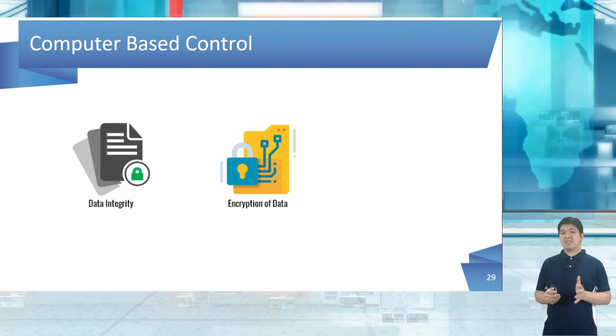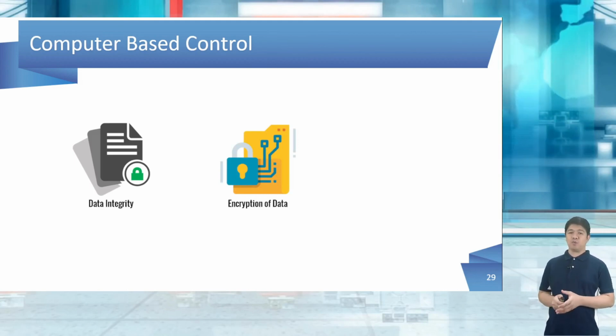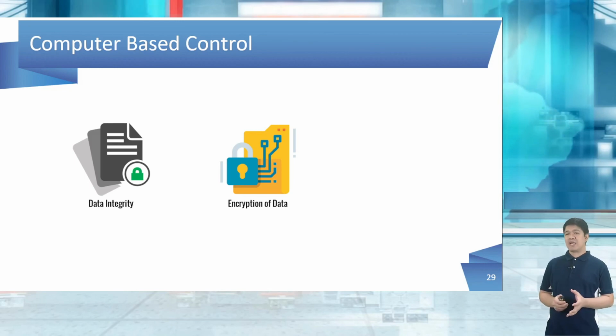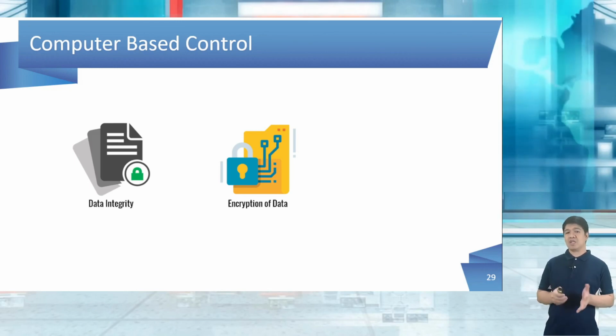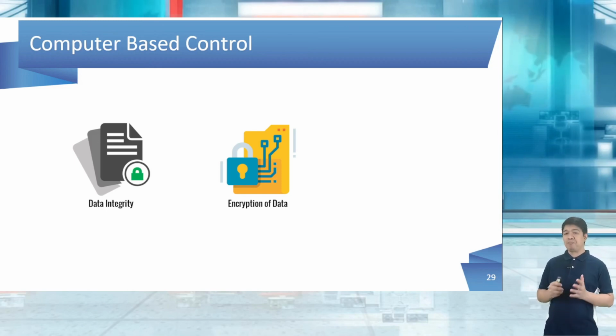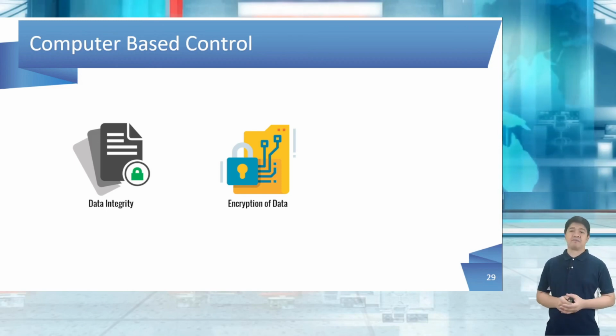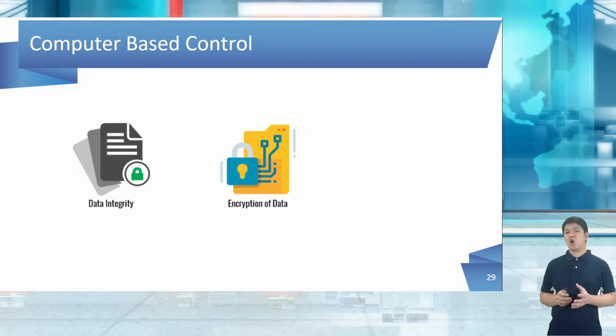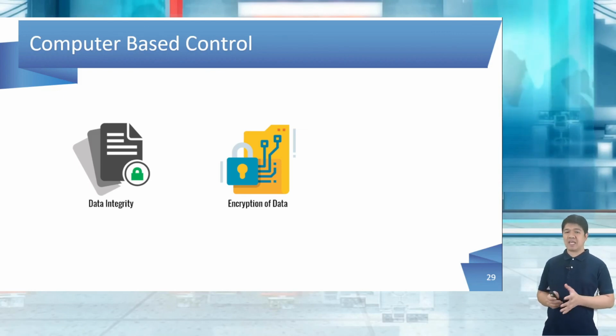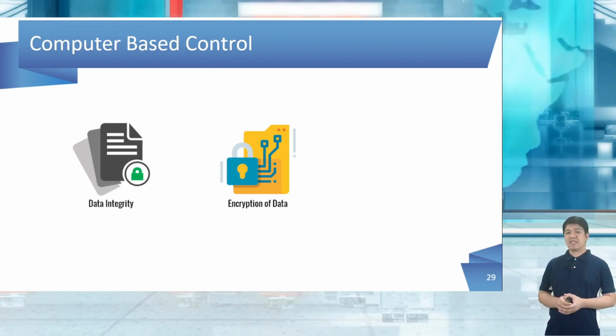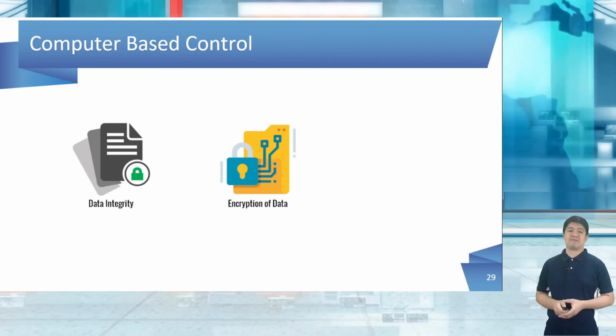It translates data into another form or even code so that only people with access to a secret key, formally called a decryption key, or a password, can read it. Encrypted data is commonly referred to as ciphertext, while unencrypted data is called plain text.